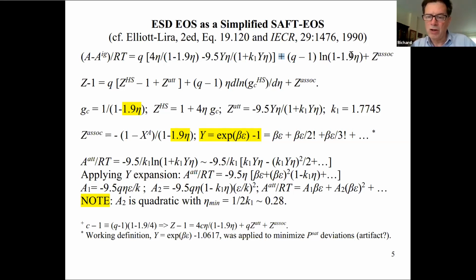And this log of 1 minus 1.9 eta is the same quantity that's here. And essentially what that is is the G at contact for the hard sphere fluid. So this is why I say the ESD equation is self-consistent, because it's using the same result for the G at contact throughout the analysis.